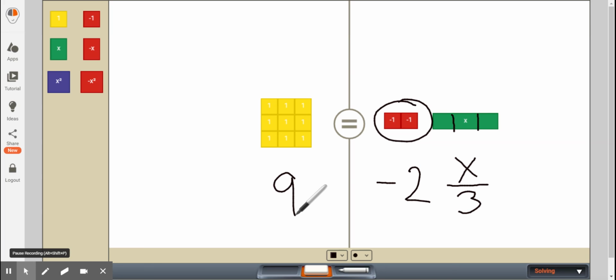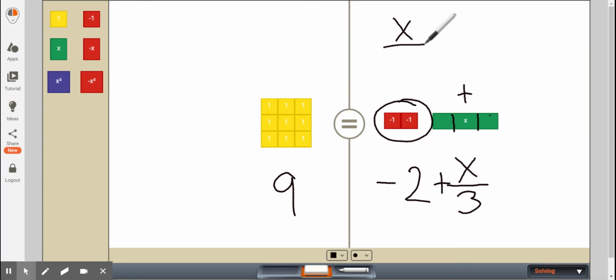Okay. So in this situation, we have negative 2, and then there's x over 3. So since these are positive, we're going to put the sign out front to the left. And so we could write it as negative 2 plus x divided by 3. Or because of the commutative property, we can actually switch these around.